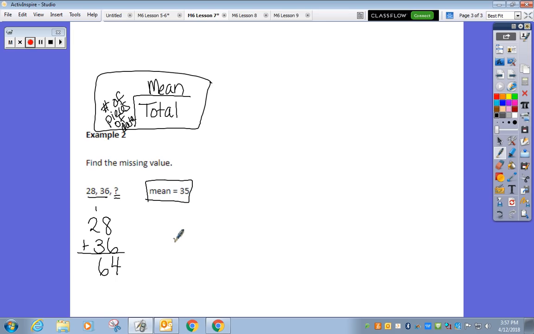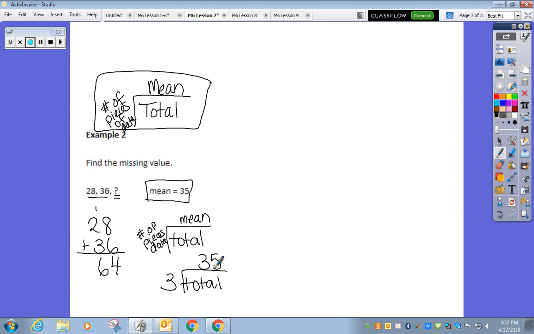So I'm going to have a total, which isn't quite this, but almost this, that I'm going to be dividing by the number of pieces of data to get my mean. And I can fill in some of these numbers. I don't know the total yet. I know how many total pieces of data there are, though. I had 1, 2, and then I'll have 3. And they're telling me my mean is 35.